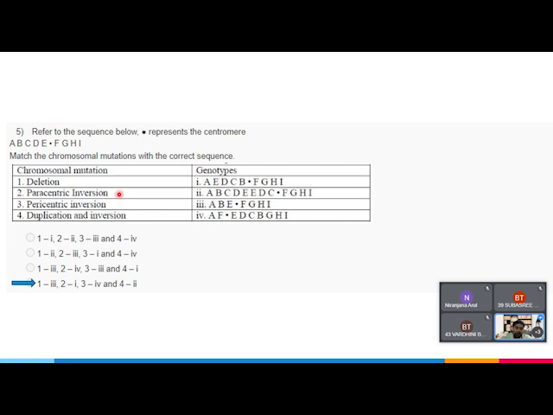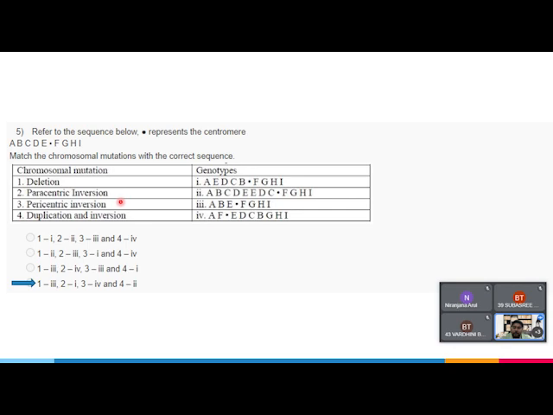Paracentric inversions are inversions that occur only in one half of the chromosome, like only one part of the chromosome above or below the centromere. So in this particular question, we will have just the inversion between one half. So that goes with part A, in which instead of A, B, C, D, E, we have A, E, D, C, B. Essentially, the last 4 are inverted, whereas everything else on the second arm is safe.